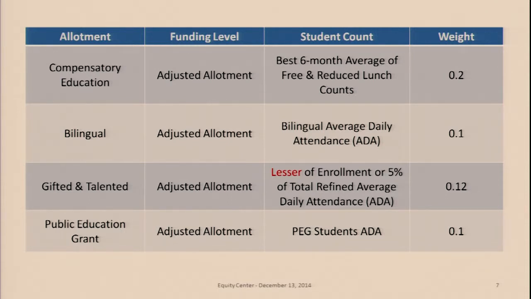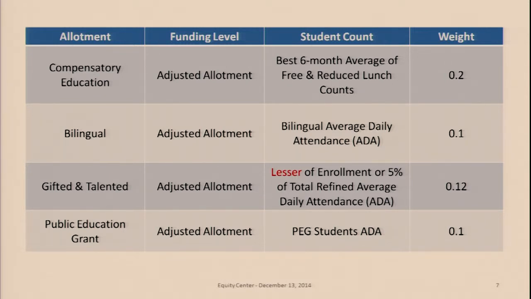And you have monthly counts that you submit to the agency. Of those monthly counts, you take the best 6, the highest 6 months, you divide by 6 to get your average count. That's the student count for compensatory education.